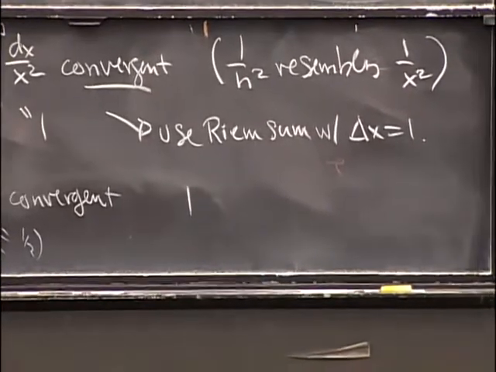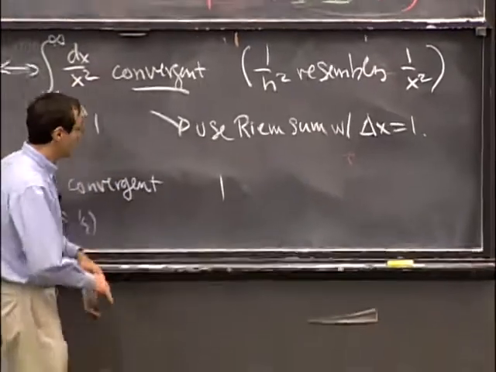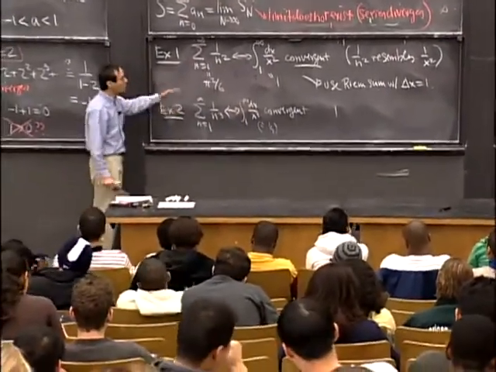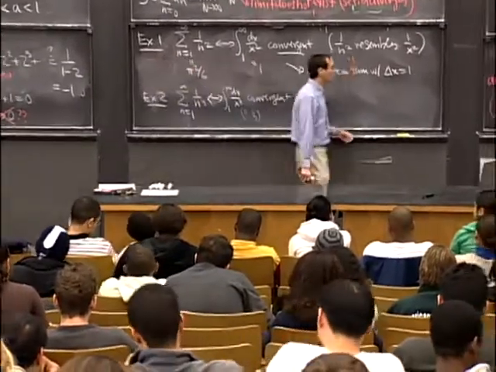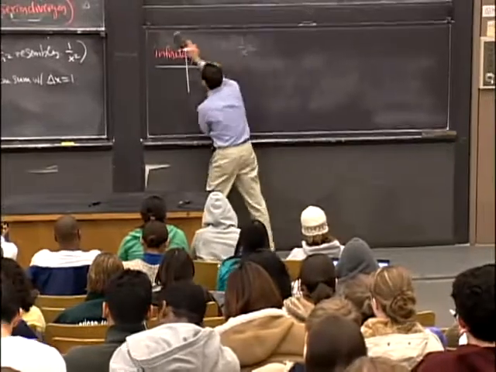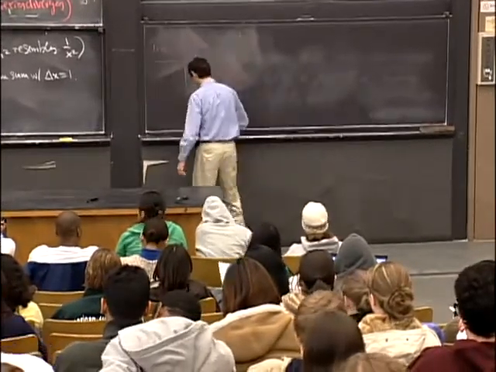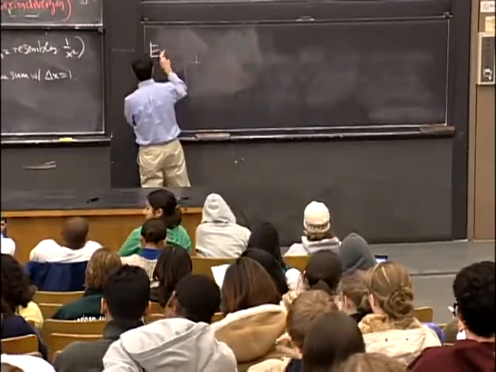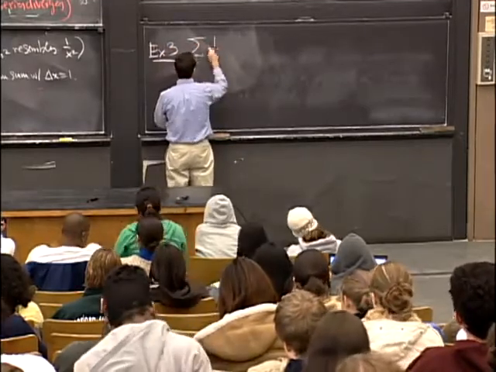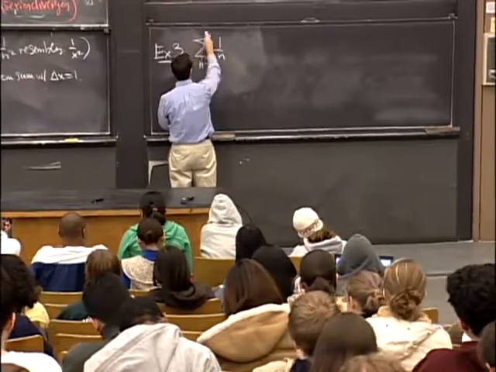So in order to illustrate exactly this idea that you've just come up with, and in fact that we're going to use, we'll do this same thing, but we're going to do it on the example sum 1 over n. So here's example 3, and it's going to be the sum of 1 over n, n equals 1 to infinity.